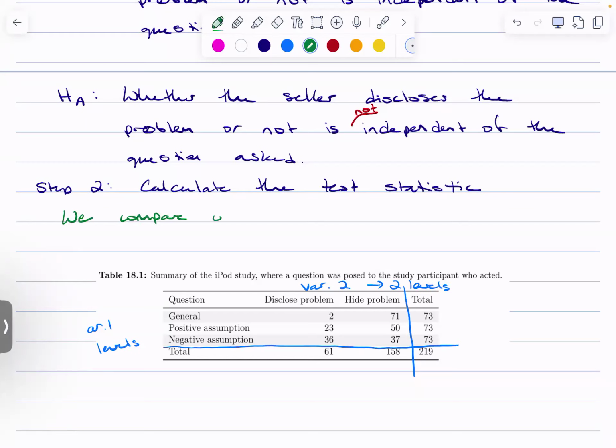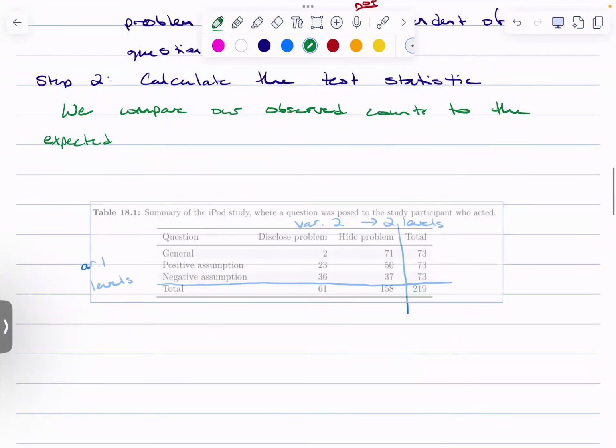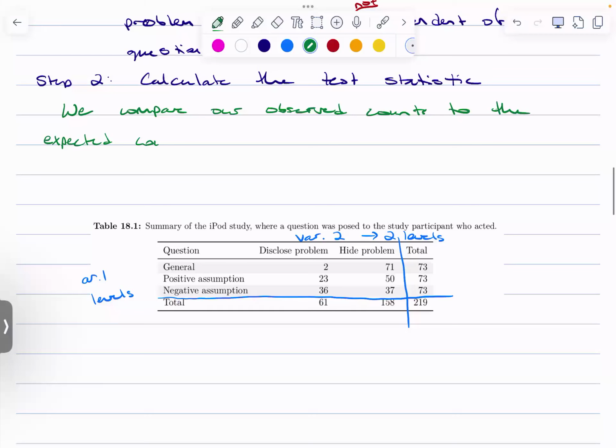We compare our observed counts to the expected counts, the expected counts if the null hypothesis was true. We do all our hypothesis testing assuming the null hypothesis is true, and so that stays the same. So we compare our observed counts to the expected counts, assuming H naught is true.